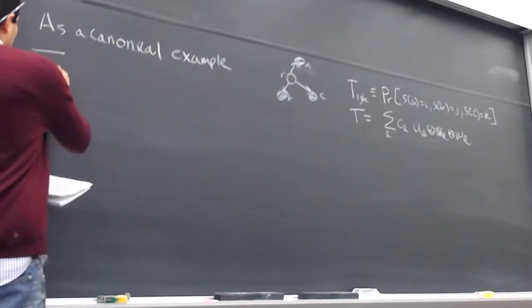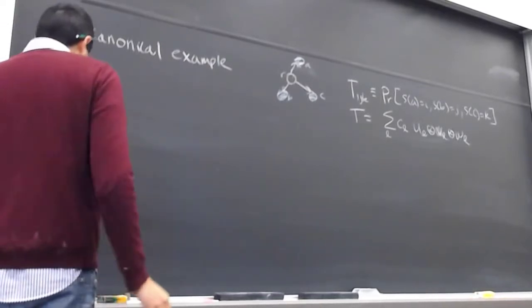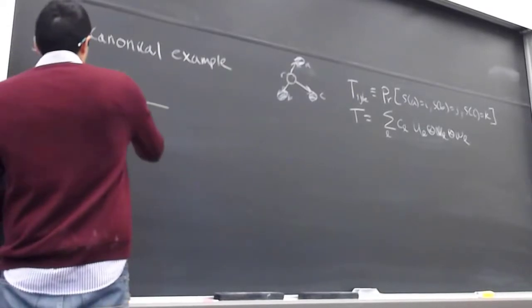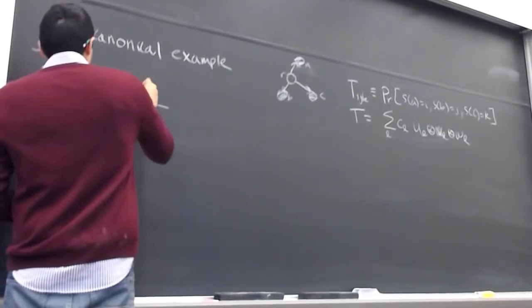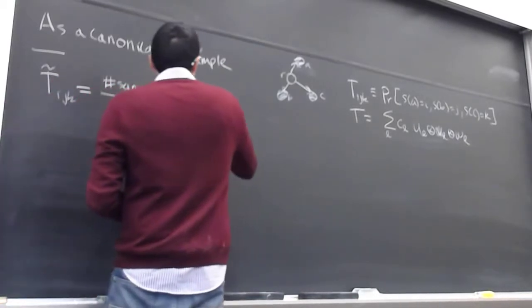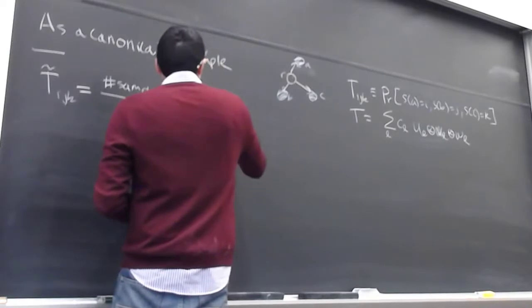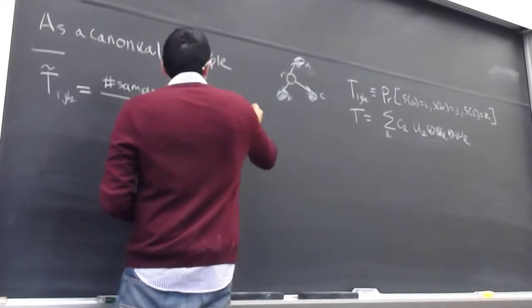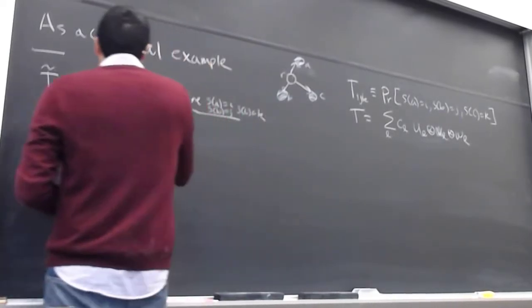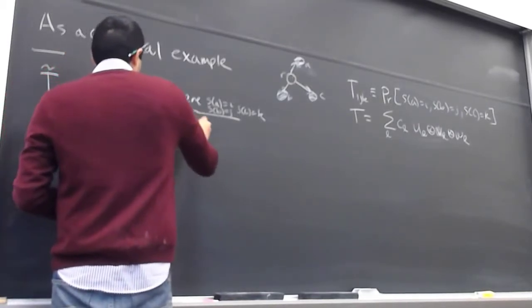And now the way that we compute our estimate is in the obvious way. All we do is we let T tilde ijk be the number of samples where S of A equals i, S of B equals j, S of C equals k, and then we divide it by the total number of samples.